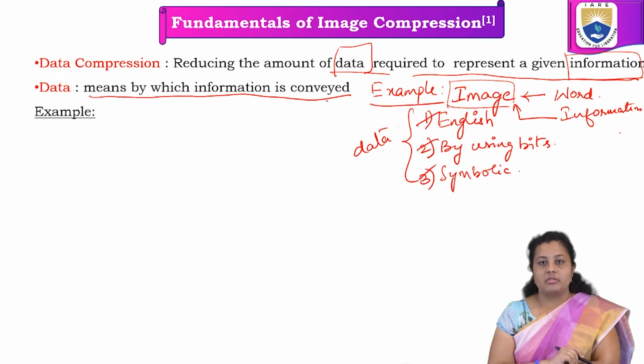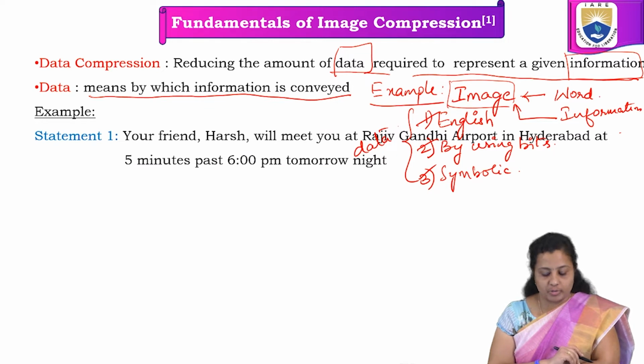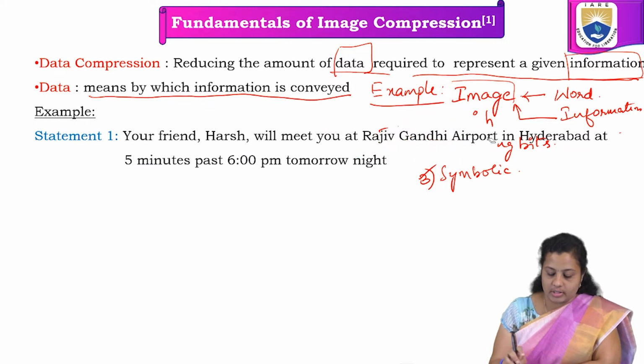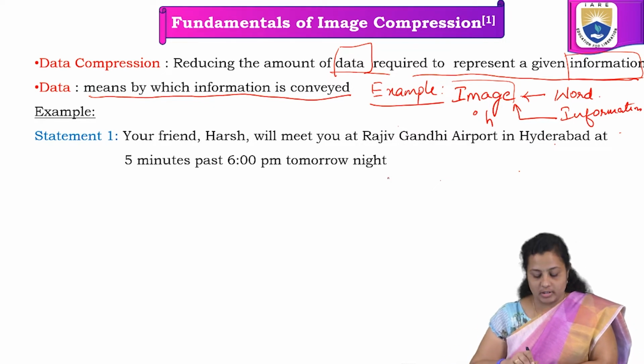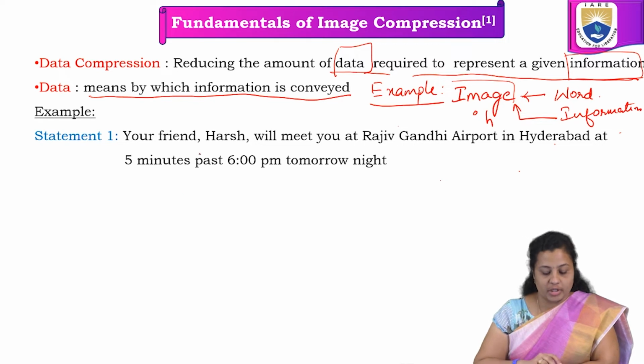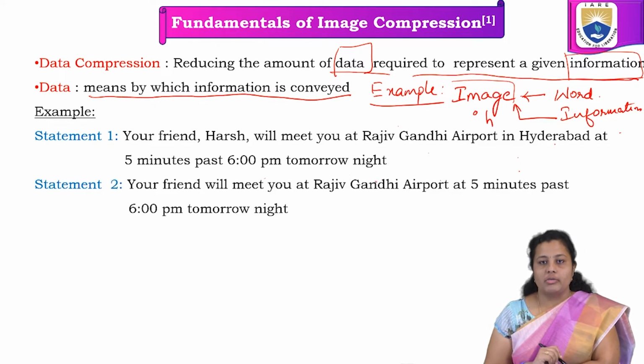To understand it better, let's consider an example with statements. Statement 1: Your friend Harsha will meet you at Rajiv Gandhi Airport in Hyderabad at 5 minutes past 6 p.m. tomorrow night. Statement 2: Your friend will meet you at Rajiv Gandhi Airport at 5 minutes past 6 p.m. tomorrow night.